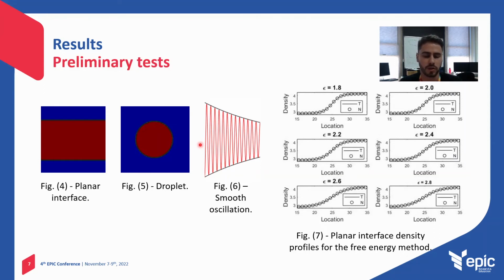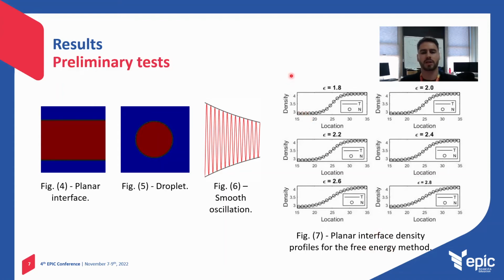It's not a multi-phase or multi-component case, but we can validate the hydrodynamics of our method, whether it's solving the right hydrodynamics. In all these tests, we observed that the methods provided very accurate results. And we brought here as an example the solution of the planar interface test for the free energy method.